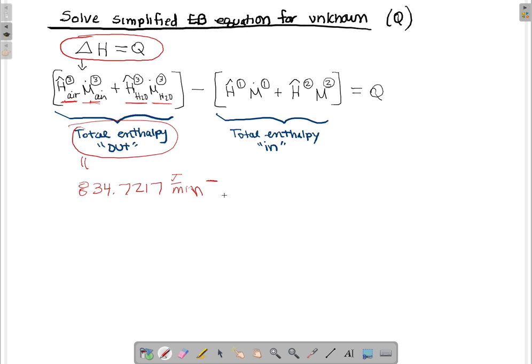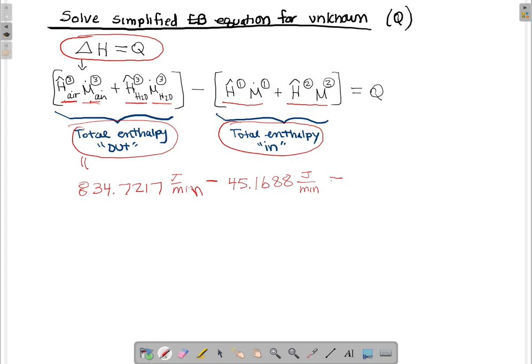And for delta H, you also have to subtract the total enthalpy into the system. That's the specific enthalpy of stream 1 times the mass flow of stream 1, plus the specific enthalpy of 2 times the mass flow of stream 2. That is the total enthalpy entering the system, and as I already calculated on the table, that is 45.1688 joules per minute.